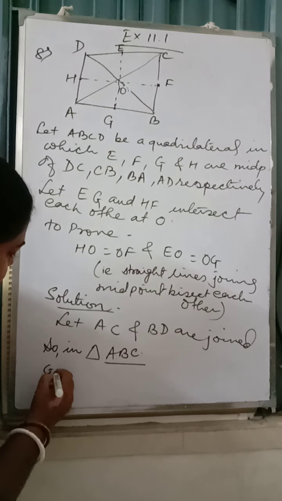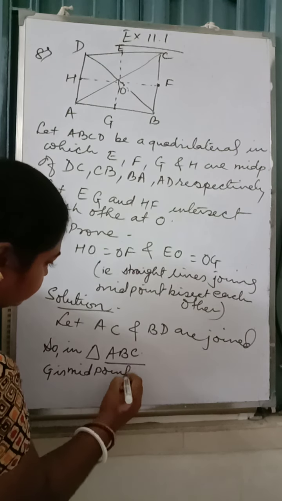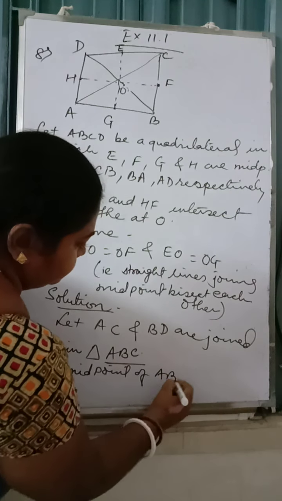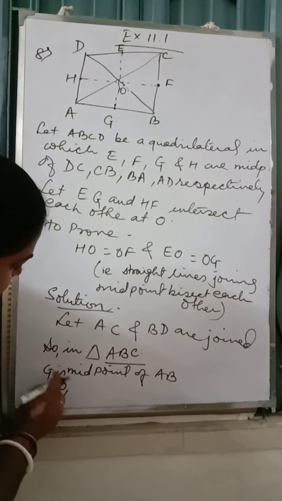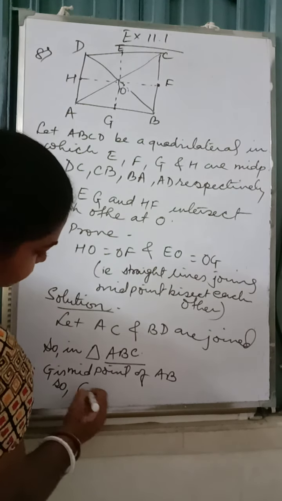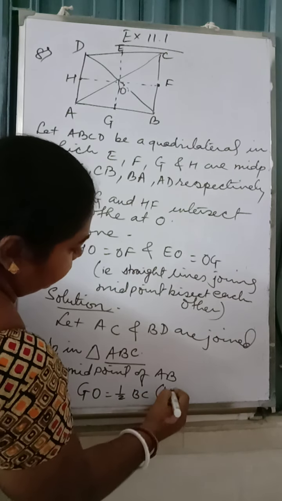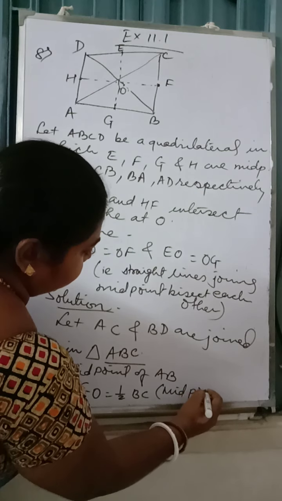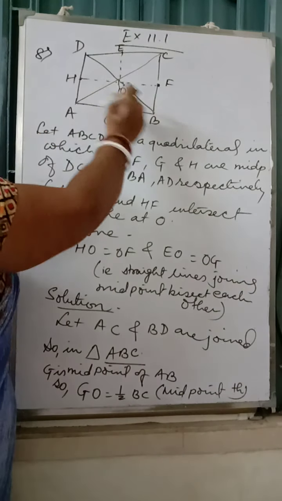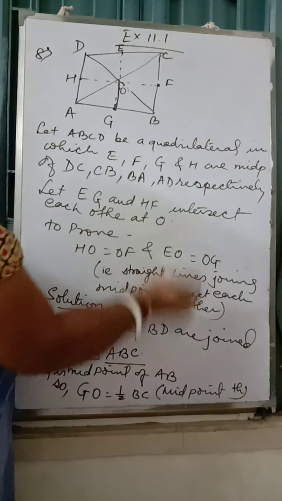G is a midpoint of AB. So GO is equal to half of BC according to midpoint theorem. In this triangle, if G is a midpoint, GO would be half of BC according to midpoint theorem.